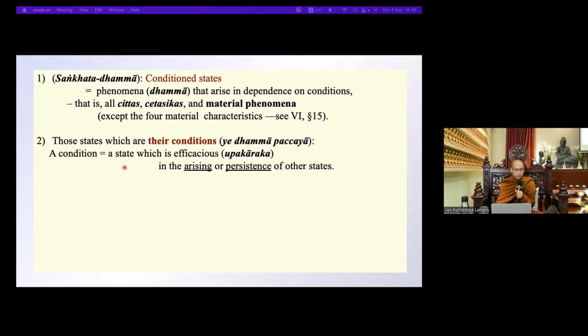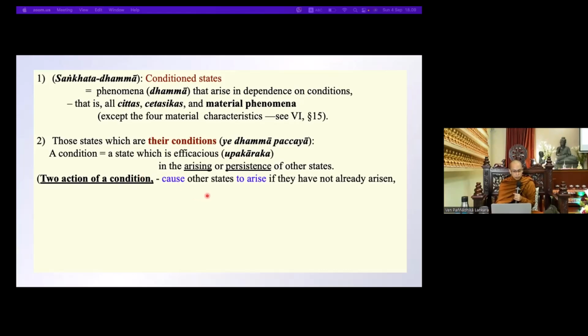For the second one, Paccaya Dhamma, conditioning states, or conditions, we can say. On the side of condition, the conditions are those that give rise to the conditional states, Paccayuppanna Dhamma, for arising and also for persistence.